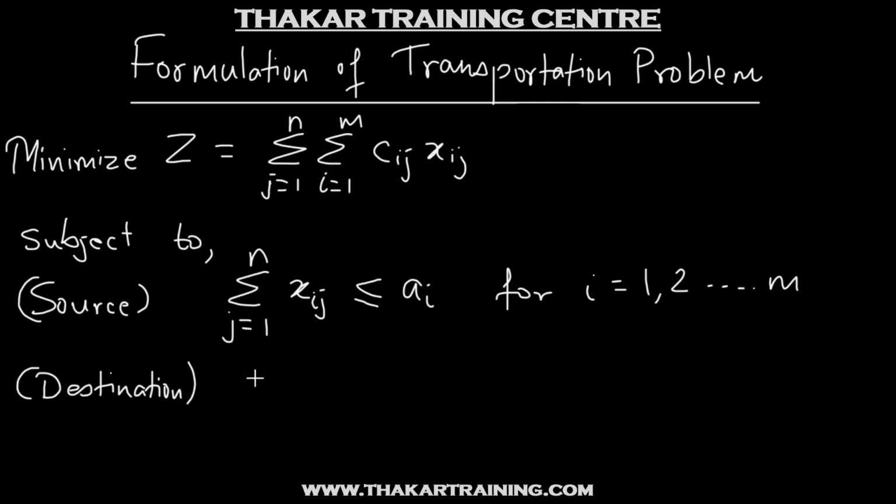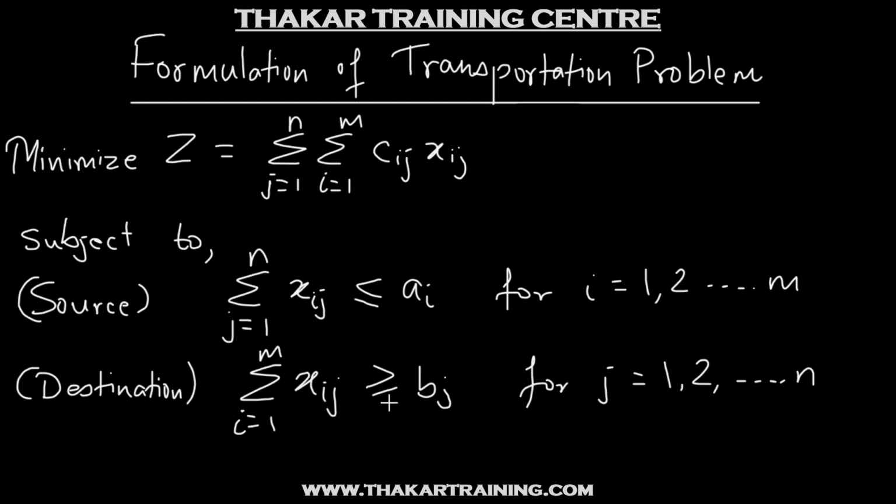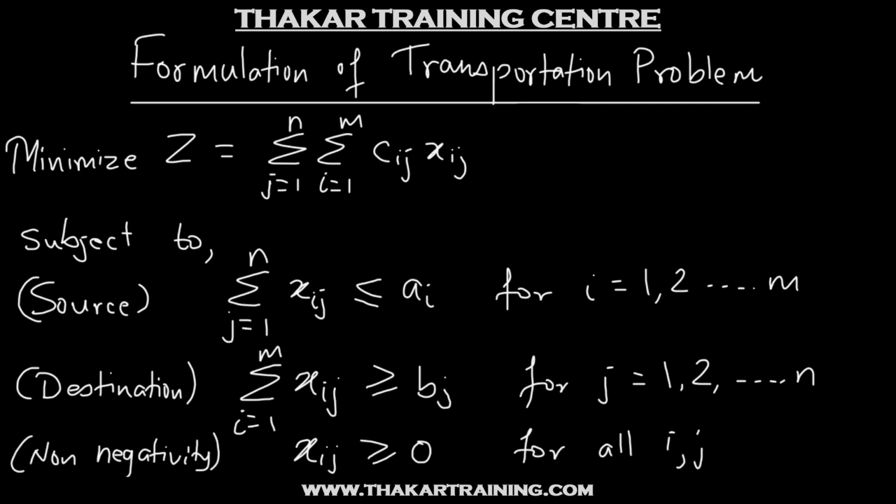So the constraint will be summation of xij over i should be greater than or equal to bj for all j going from 1 to n, and i going from 1 to m. And there will be a non-negativity constraint, which is xij has to be greater than or equal to 0. So this is how the transportation problem is formulated when you have m sources and n destinations.